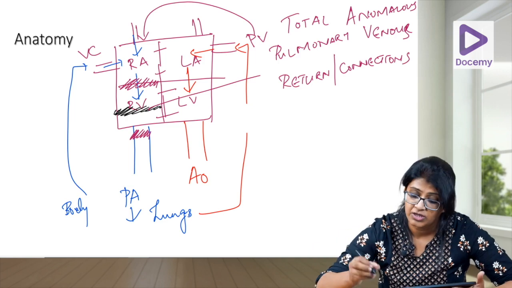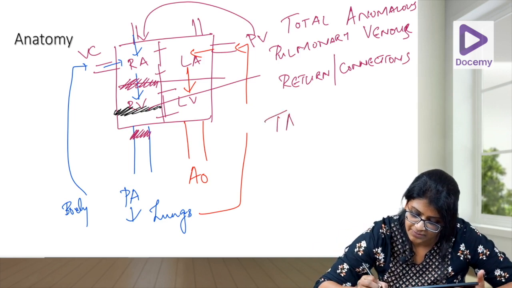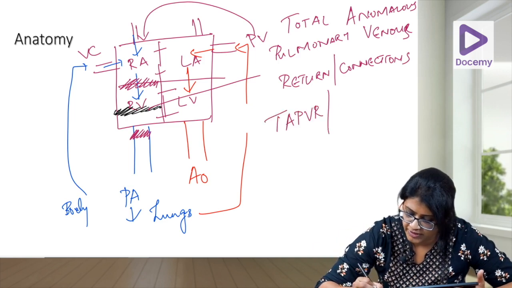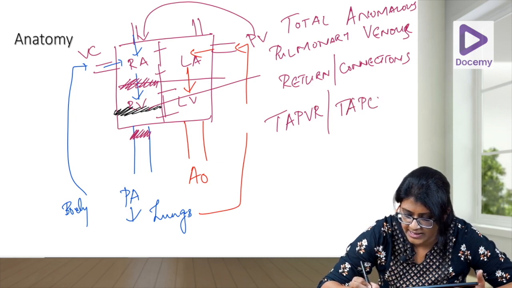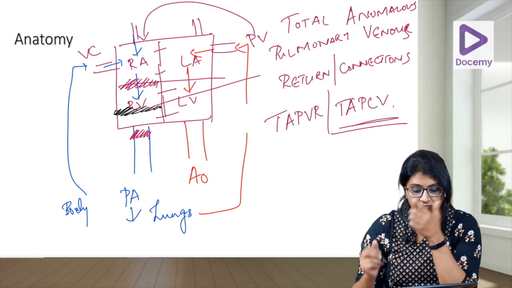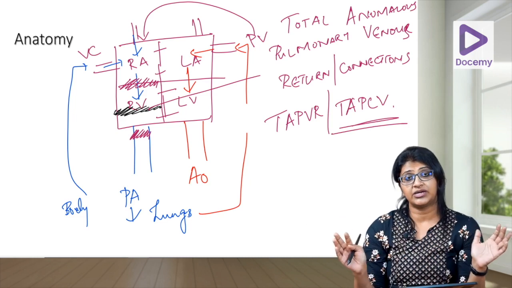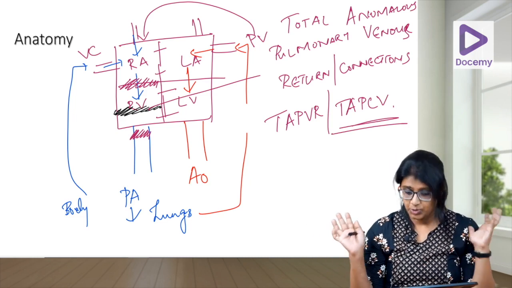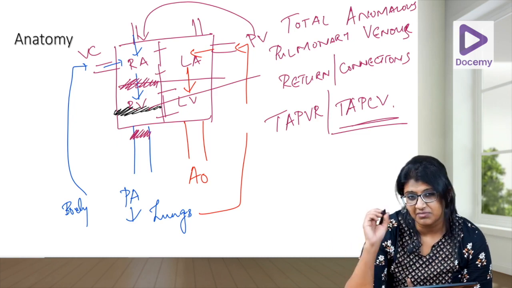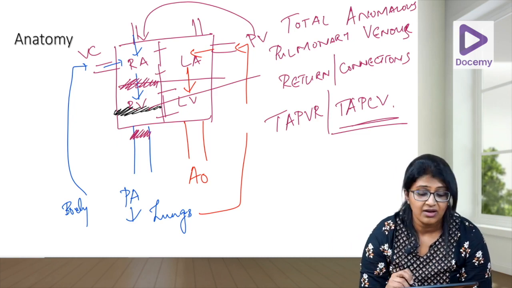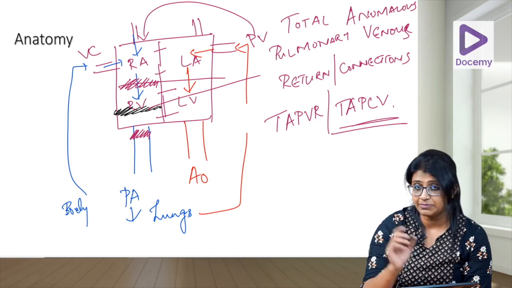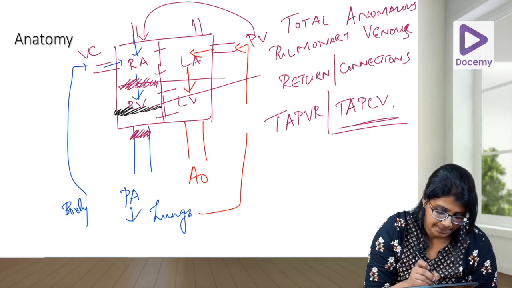So if you abbreviate this, you get either TAPVR or what we commonly call TAPVC, right? So you have pulmonary veins going into the right side of the heart. So again, you have no oxygenated blood reaching the rest of your body. So again, here as well, you need to have some kind of a connection for this child to live. Otherwise, this child is going to present with deep cyanosis and cannot make it.